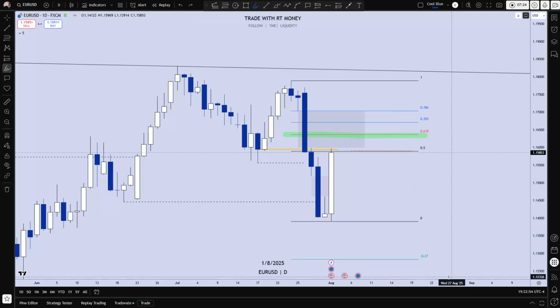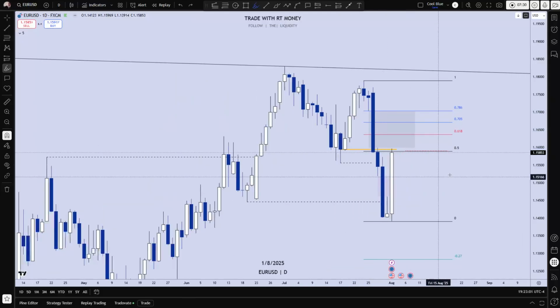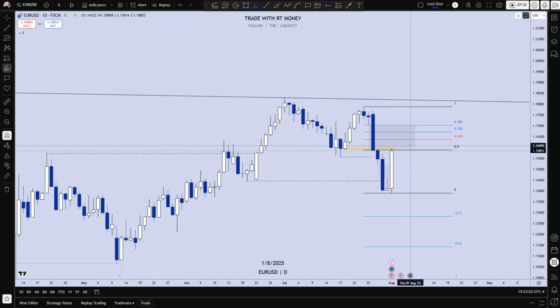We're going to look for a market structure shift within this fair value gap. Now, suppose the fair value gap fails. Suppose there's too much momentum going up into this candle, and it just decides it's going to go up. Well, price does what it wants to do.